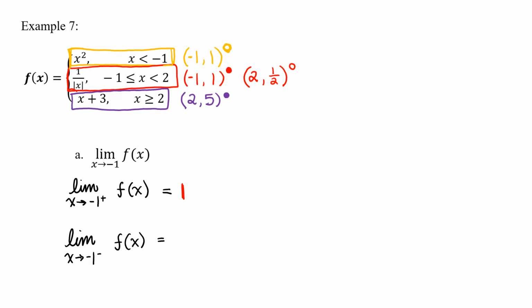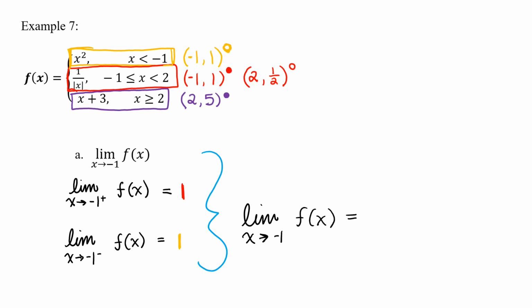And as x approaches negative 1 from the left, so as x approaches negative 1 for this top function, our output approaches 1. And since our left and right hand limits are equal, our overall limit as x approaches negative 1 of f of x will be equal to 1.